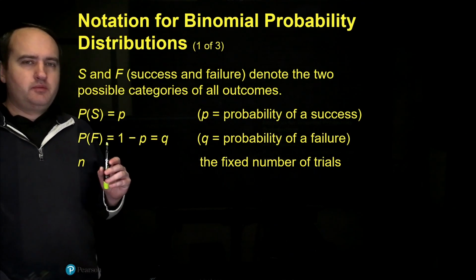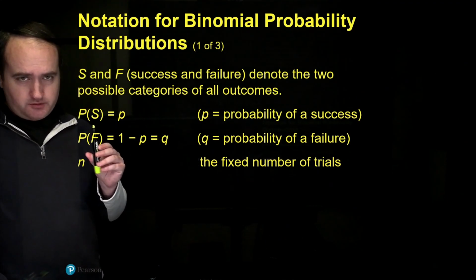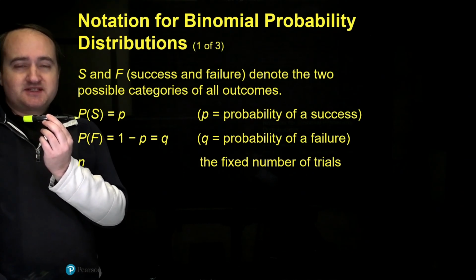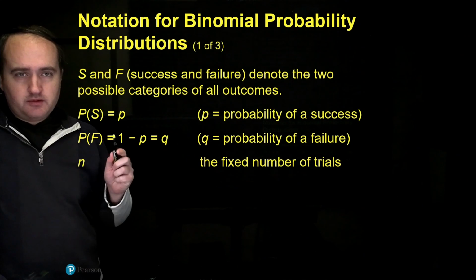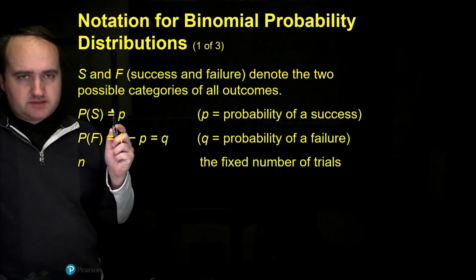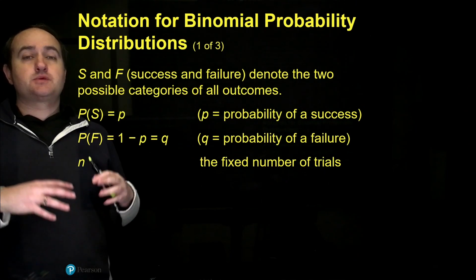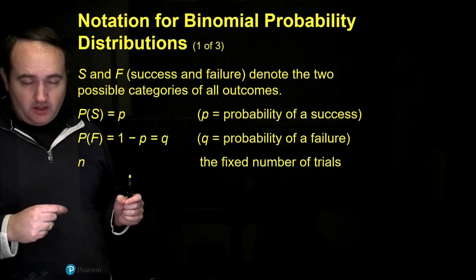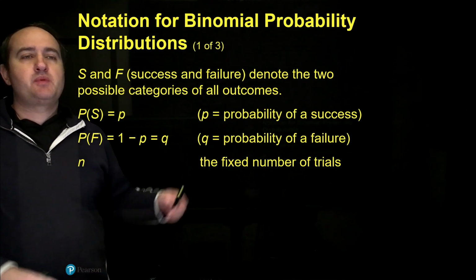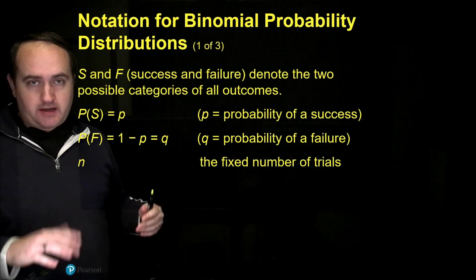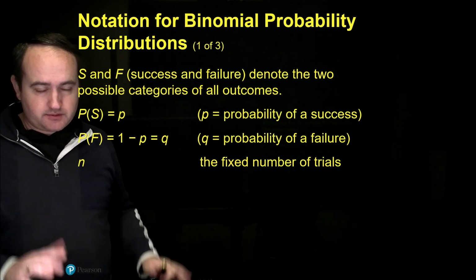Okay, so the notation that they use is here, the probability of a success in a single trial is equal to the lowercase letter p. Okay, so p represents the probability or the chance of a success in one single trial. Keep in mind that for a binomial probability distribution, we're going to have multiple trials. So for example, we might have 5 trials.